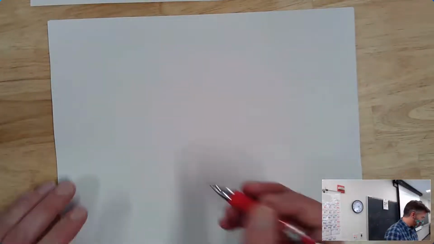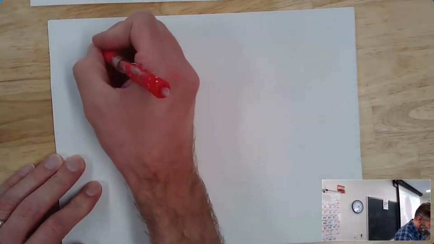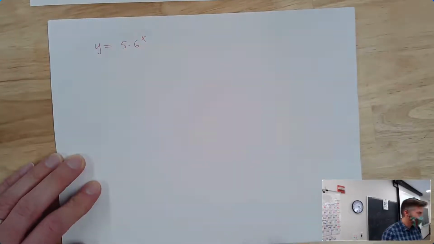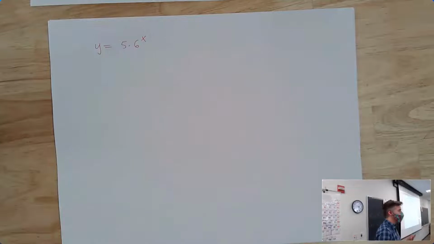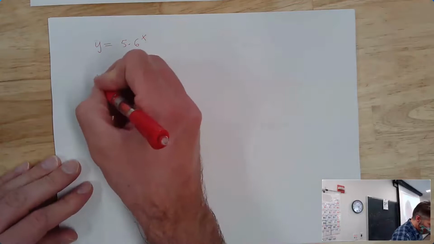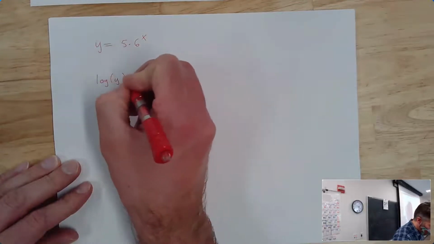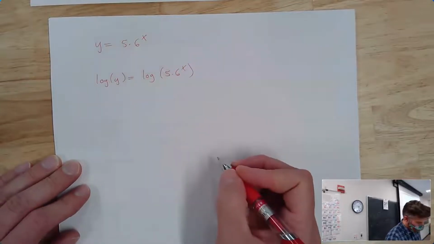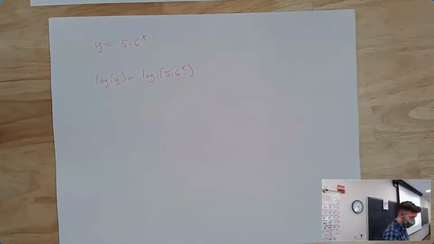What about something that's exponential instead? Like y equals 5 times 6 to the x. Well, we still start the same way. We still start by taking the logarithm of both sides of this equation. So log of y equals log of 5 times 6 to the x. And then we use the same logarithmic rules.